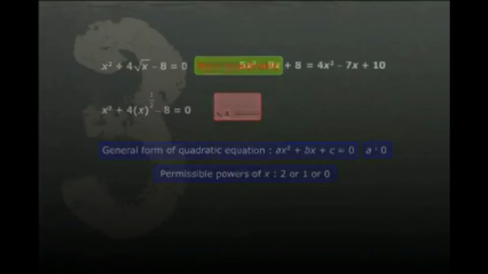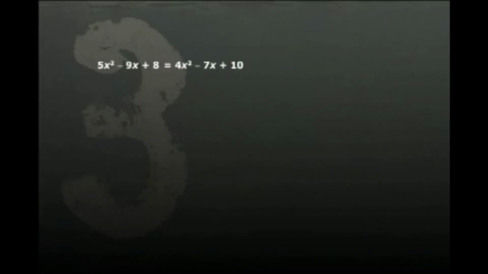We now move to the second equation. 5x squared minus 9x plus 8 equals 4x squared minus 7x plus 10. Now this equation can be reduced further. Before giving any judgment on this equation, let us first simplify it. So we have 5x squared minus 4x squared plus 7x minus 9x plus 8 minus 10 equals 0.